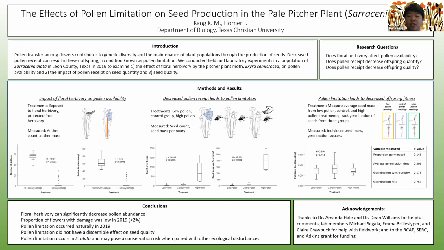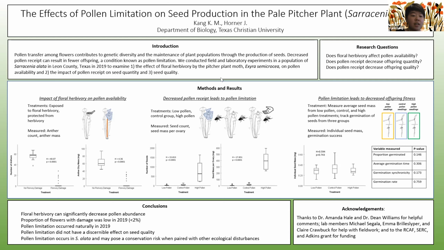So the average seed in our low pollen group was about the same mass as the average seed from our high pollen group. When we germinated these seeds and measured the proportion of seeds germinated, the average germination time, the germination synchronicity, or just how closely together these seeds germinated, and also the germination rate, we did not see a significant difference between any of these treatment groups.